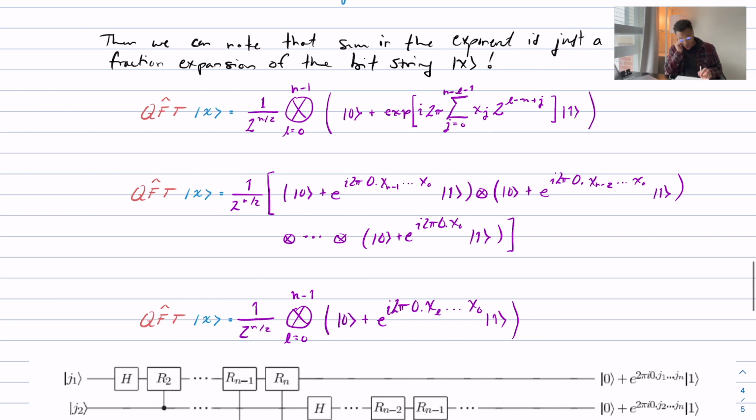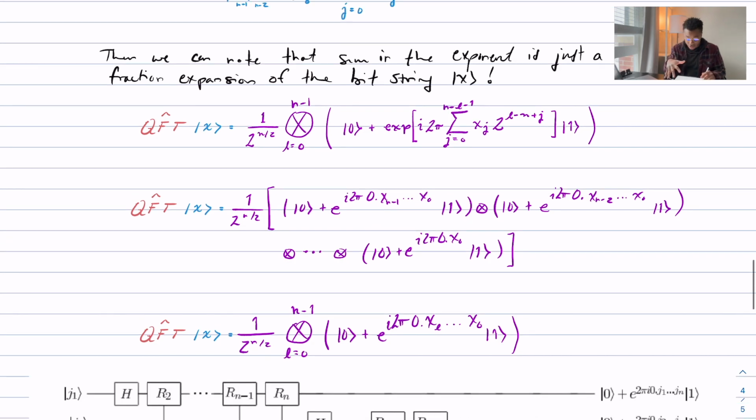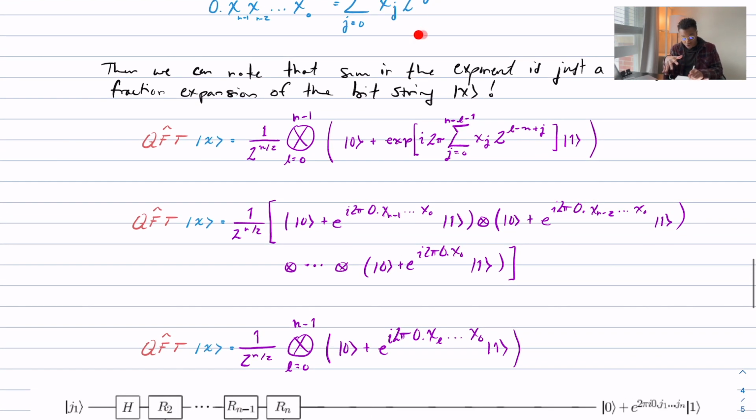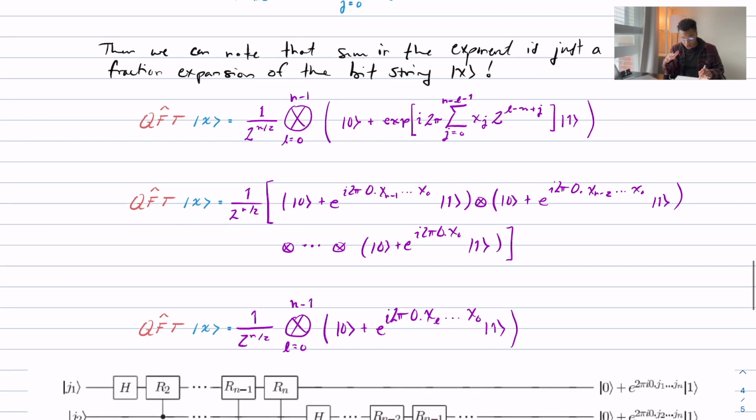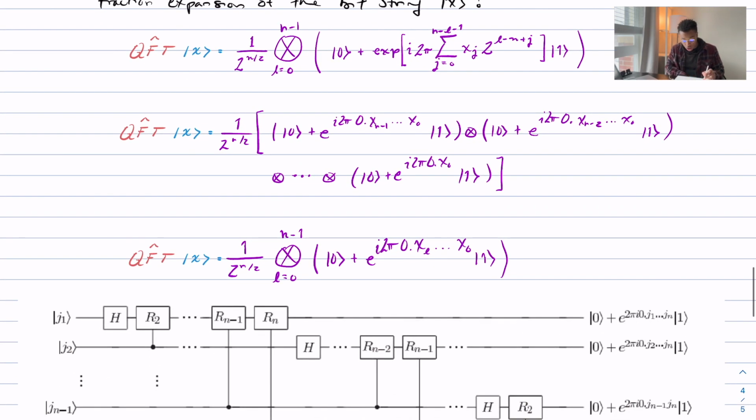And so once we've done that and we notice the fact that the exponent of 2 is purely going to be negative, then we can leverage this expression of binary fractions and write out our terms in the following way.